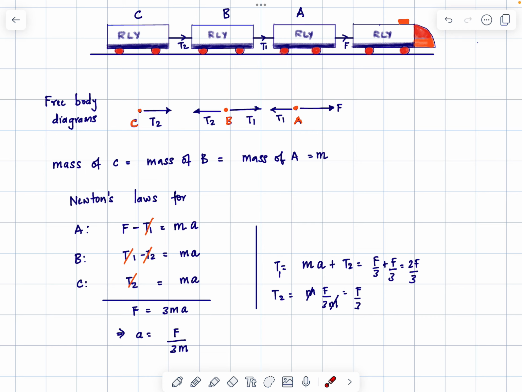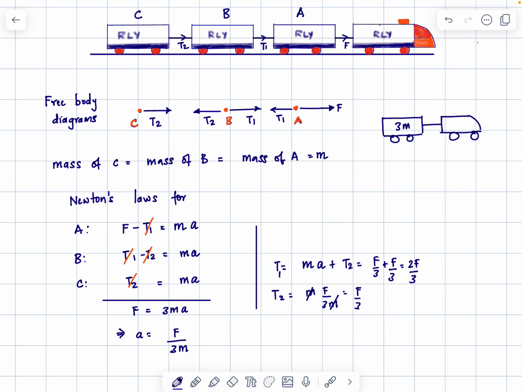In order to solve for this, we add up all three of these equations. The T1s cancel out, the T2s cancel out. We get F equals 3 times mass times acceleration, right? So the acceleration is equal to F divided by 3m. This whole system behaves as though we have a mass of 3m being dragged by an engine.